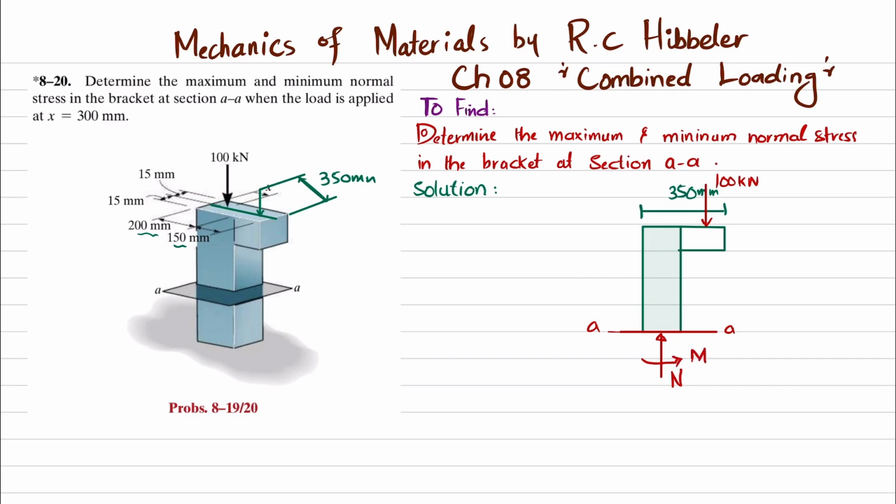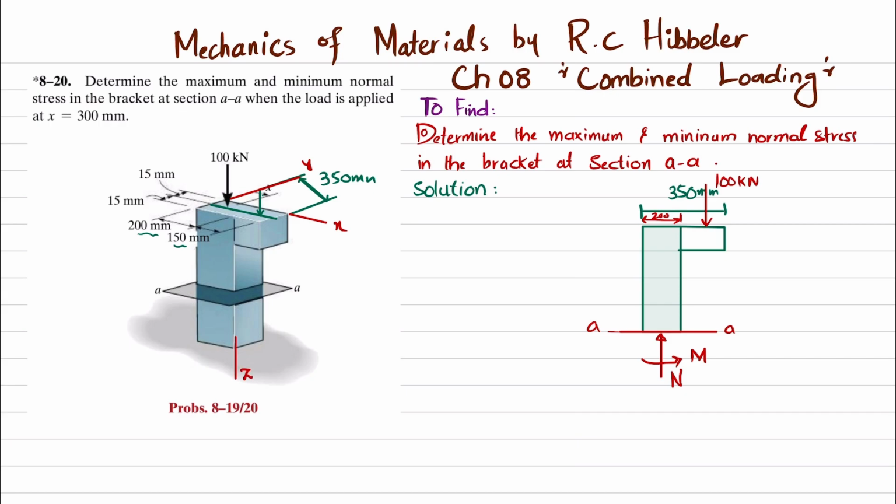This distance is given as 200 millimeter and the remaining distance is 150. Now we will find the equations of equilibrium. Let this axis be the y axis, this the x axis, and this vertical axis the z axis.